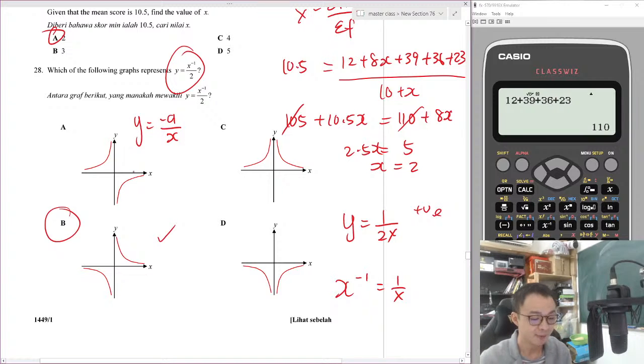Okay, so this one will be a over x, and then maybe modulus it. Yeah, I'm not 100% sure about that equation. I don't want to simply give you the wrong equation. So yeah, this answer is B.